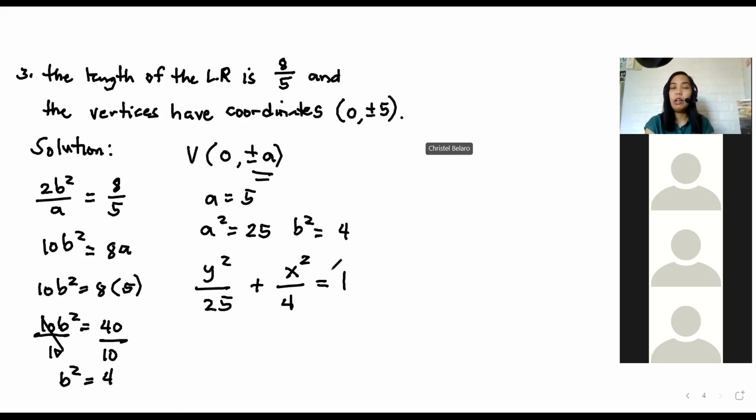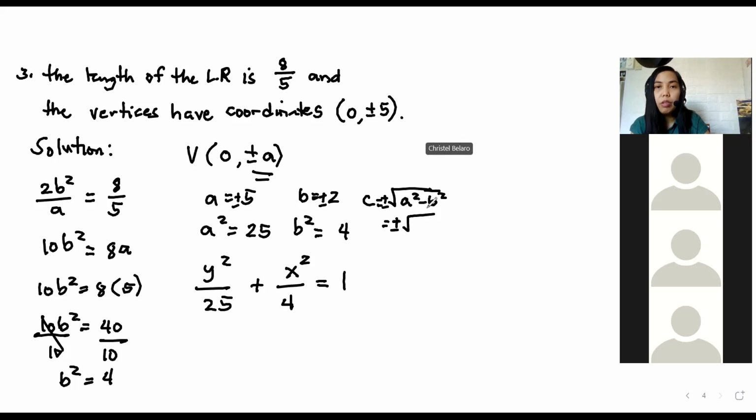Okay, that is the equation if the length of the latus rectum is 8/5 and the vertices are 0, positive, negative 5. And if you're asked to graph it, for the vertices, positive, negative 5. For the c, that's square root of a squared minus b squared.